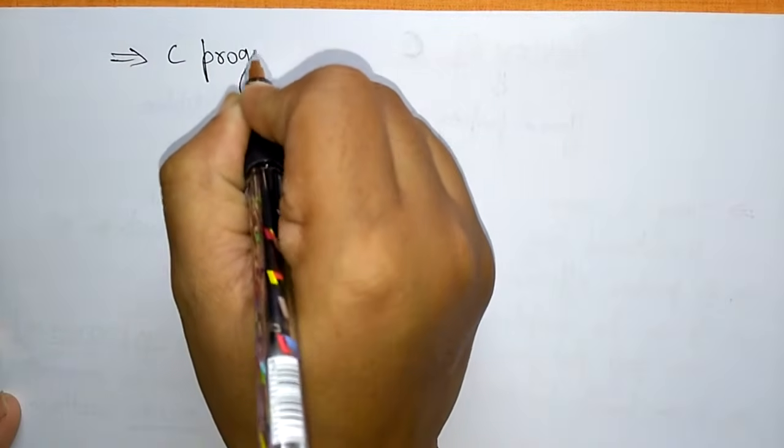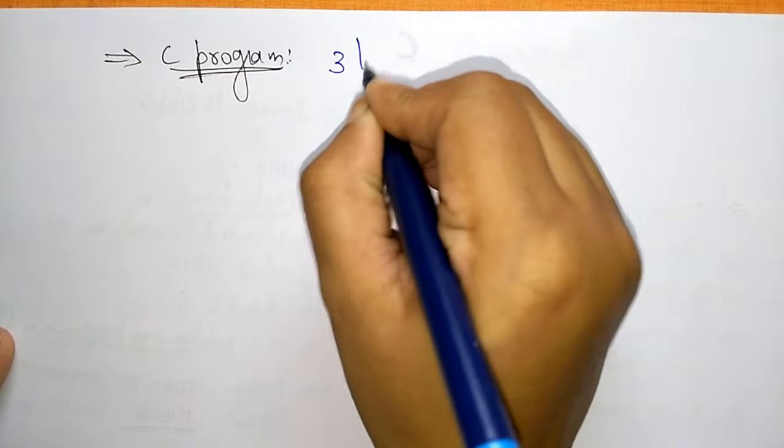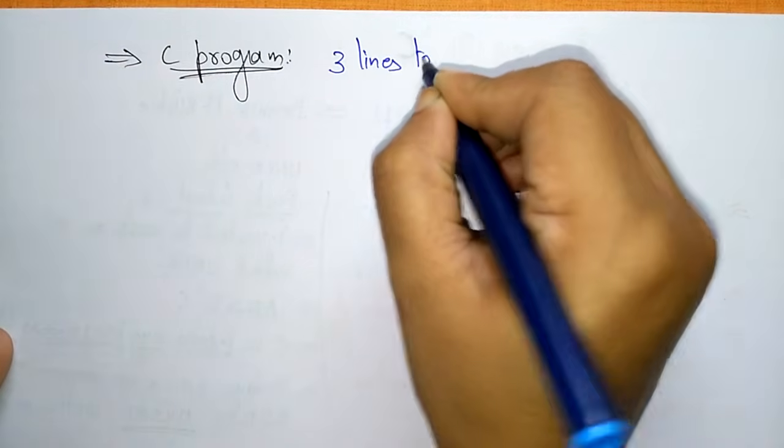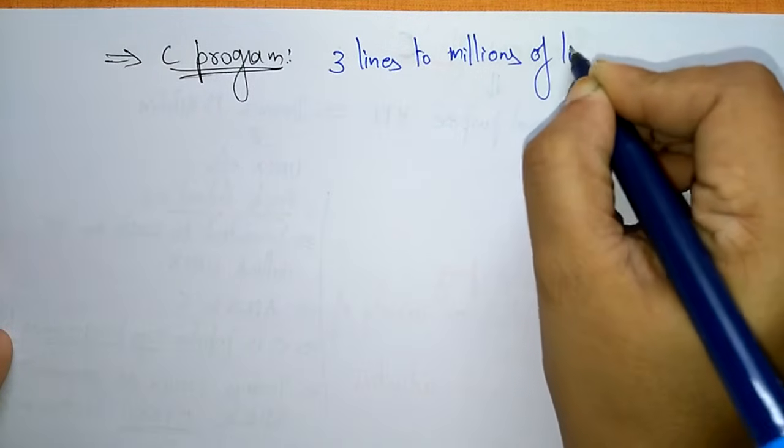C program. Actually, the C program varies from 3 lines to millions of lines.